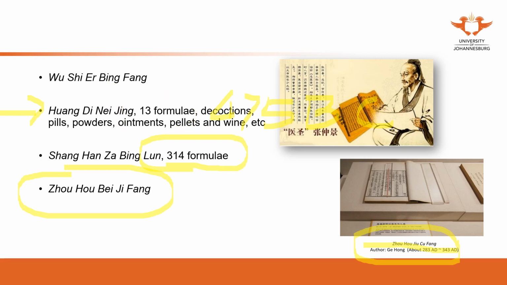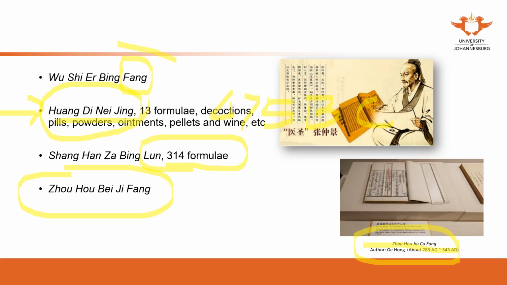One of the reasons is because 黄帝内经 is a book that talks about the theories. So in the past, the books that talked about the formulae, fang, and theories were separated in two different books.